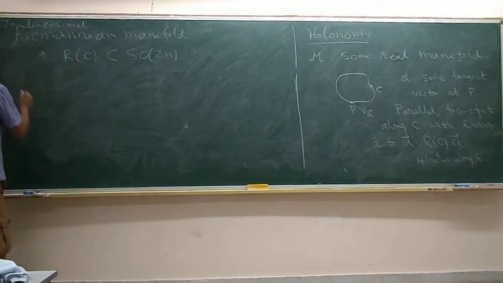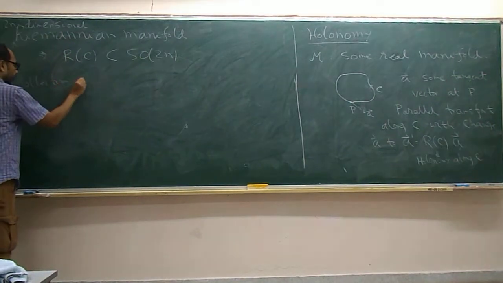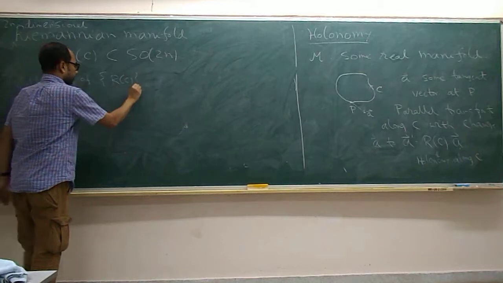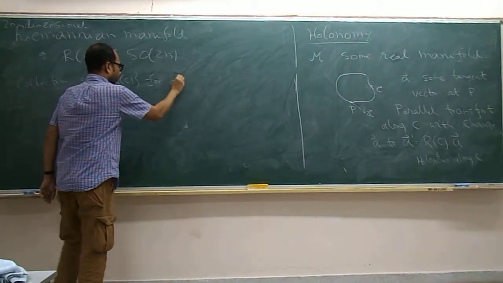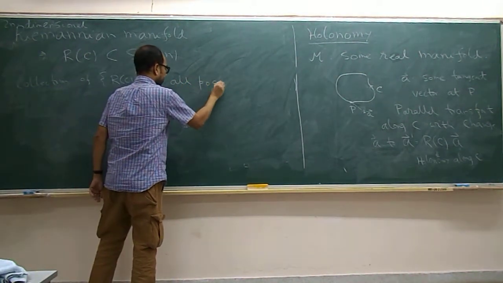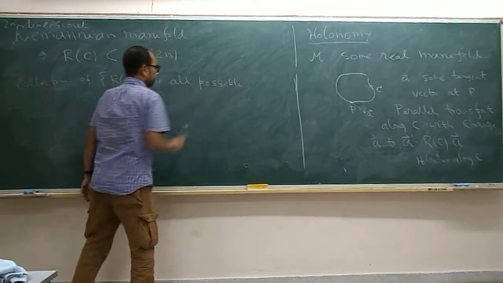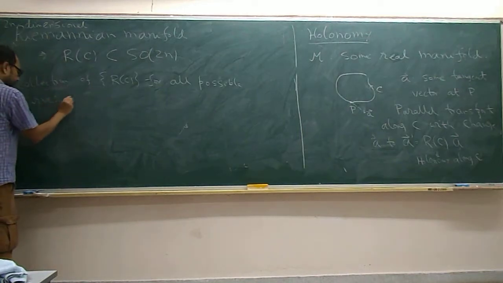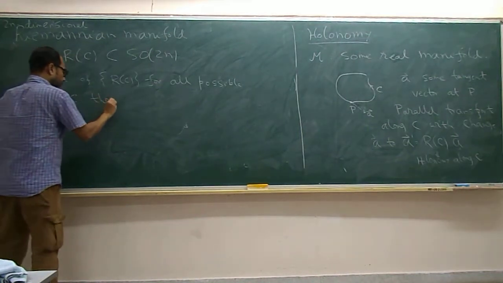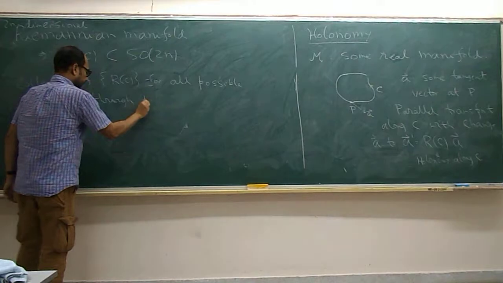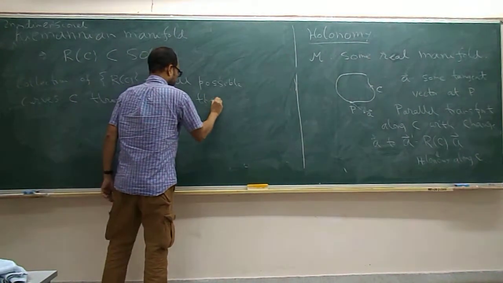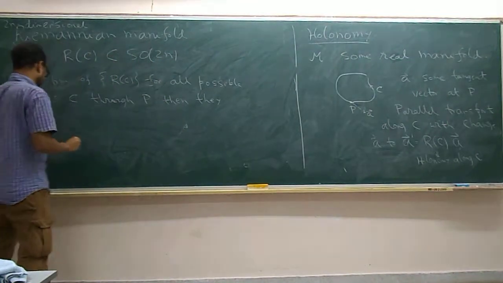Now, if we take the collection of R_C for all possible curves C through P, then they form a group under multiplication.